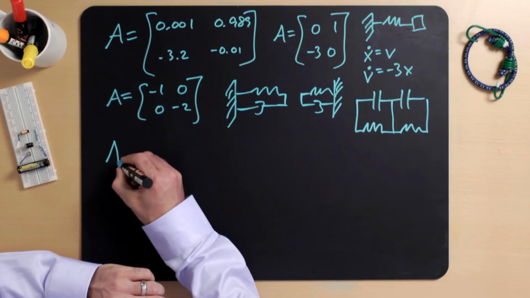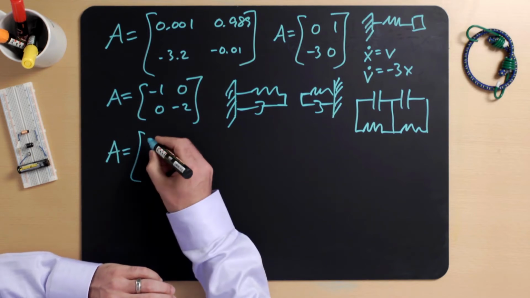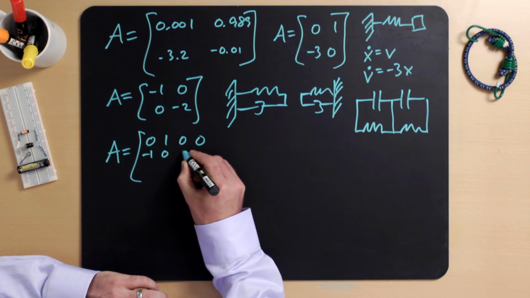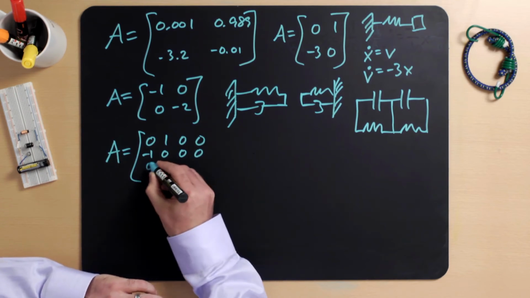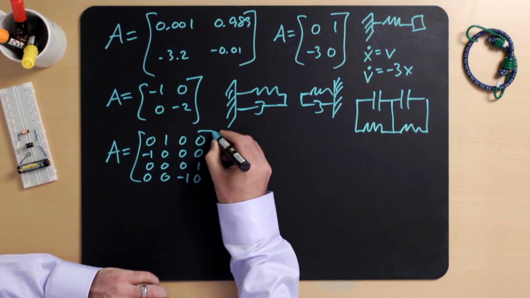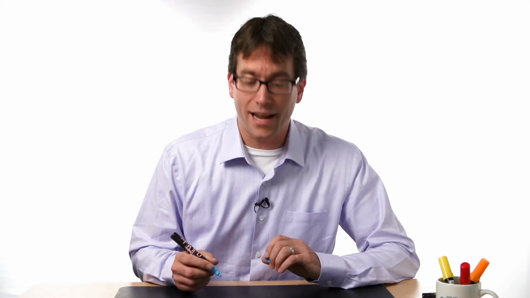Now let's think about this 4x4 matrix. A is equal to [0, 1, 0, 0; -1, 0, 0, 0; 0, 0, 0, 1; 0, 0, -1, 0]. This matrix has two states that depend on each other in the upper left and two states in the bottom right. This corresponds to two spring mass systems that are disconnected.